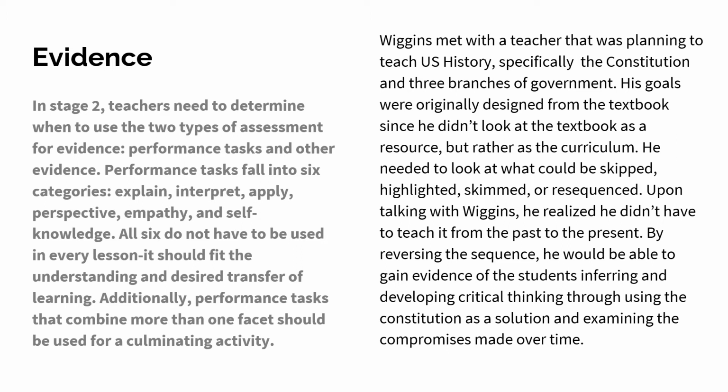Upon talking with Wiggins, he realized he didn't have to teach it from the past to the present. By reversing the sequence, he would be able to gain evidence of the students inferring and developing critical thinking through using the Constitution as a solution and examining the compromises made over time throughout U.S. history.